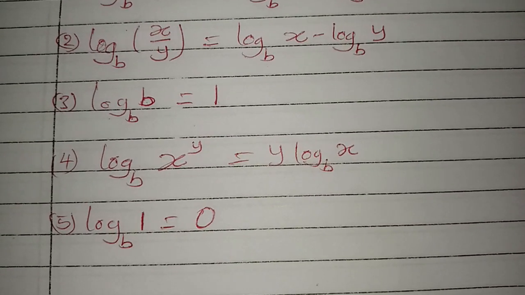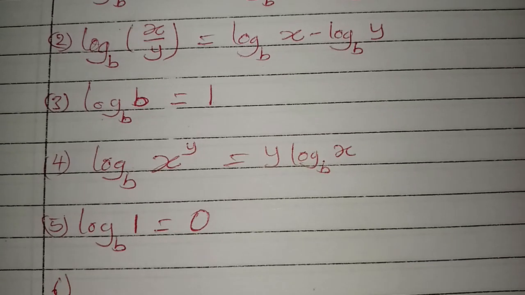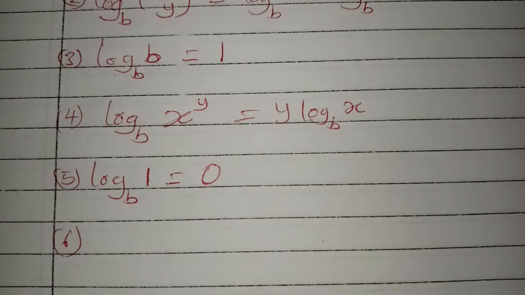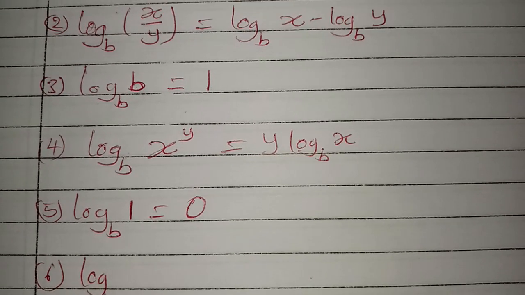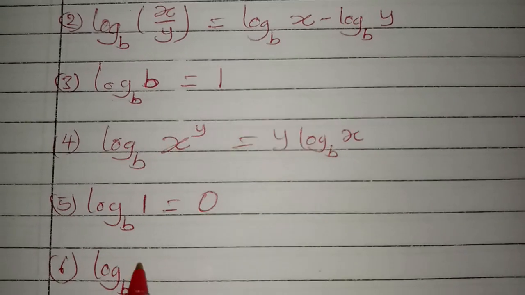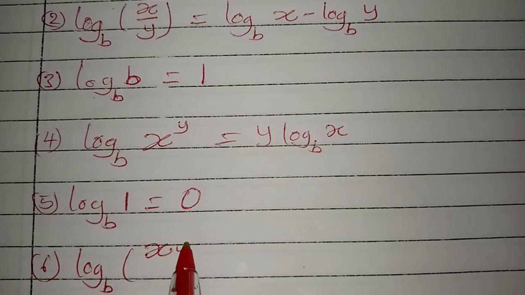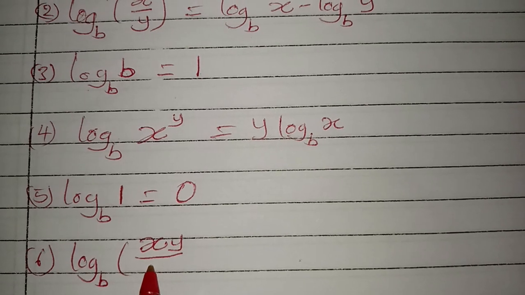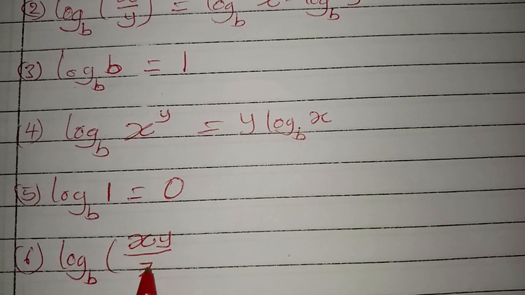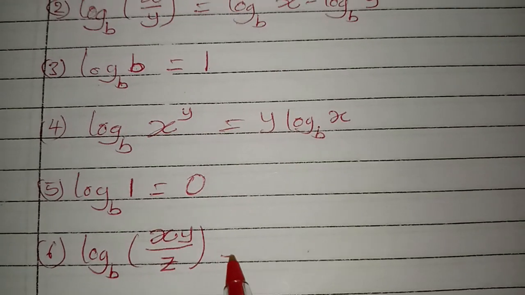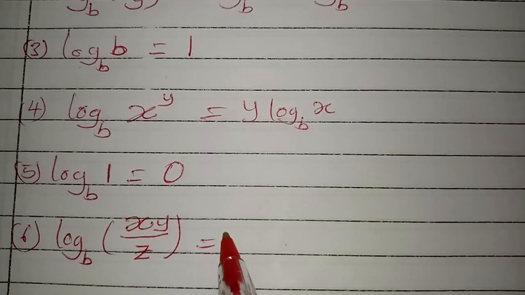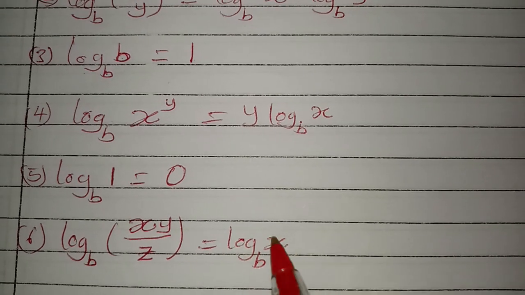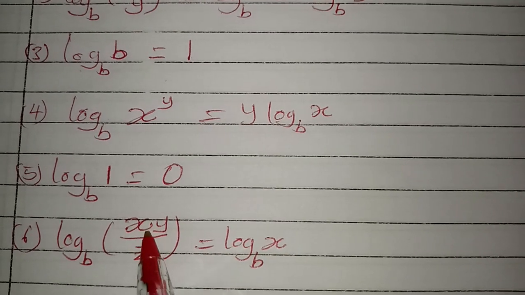Let's move on to the next law, which is 6. Here, if you have log to the base b of x multiplying with y over z, it is equal to log to the base b of x. Do not forget this is a product, okay?